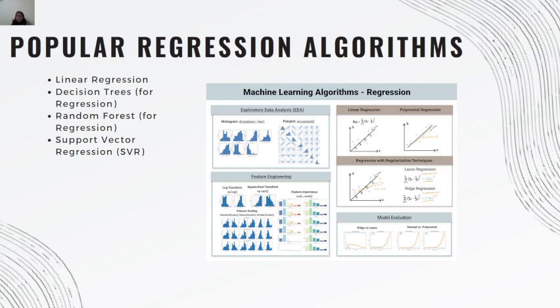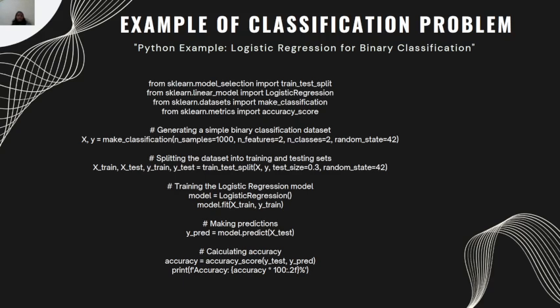Next we have an example of a classification problem: logistic regression for binary classification. Let's see an example of how to implement logistic regression in Python. We will use it for a binary classification problem where we predict whether a person is likely to buy a product based on age and income.